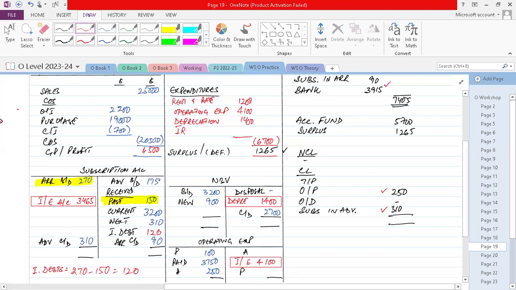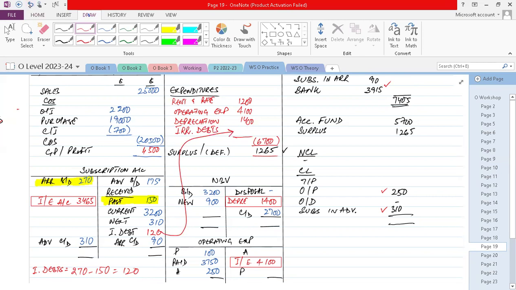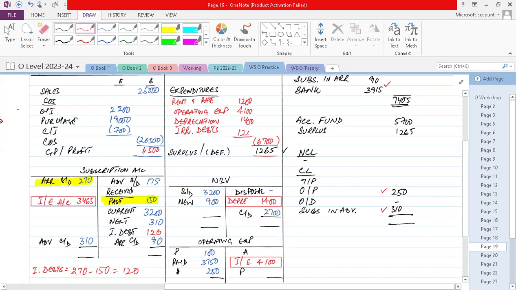Item missed in calculation: irrecoverable debts. We calculated this here, 120 of irrecoverable debts. Is this 6,820?